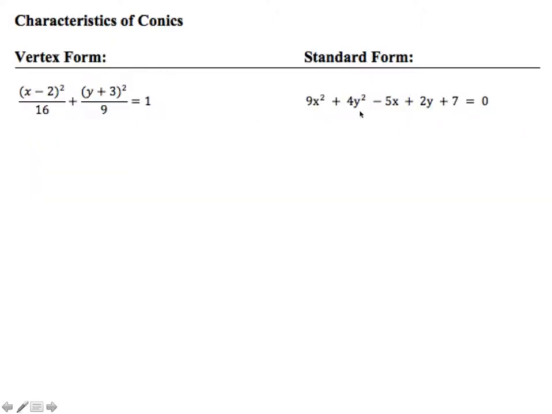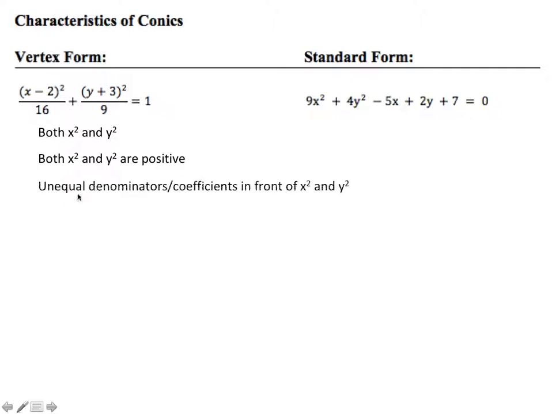Let's take a look at these two. So we're going to go through that protocol again. I've got both an x squared and a y squared, and they are both positive. There's only one time when one's negative, and that's not this conic. It's something else. But if you notice either the denominators or the coefficients, they're unequal.